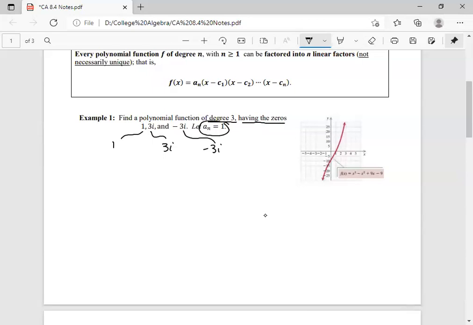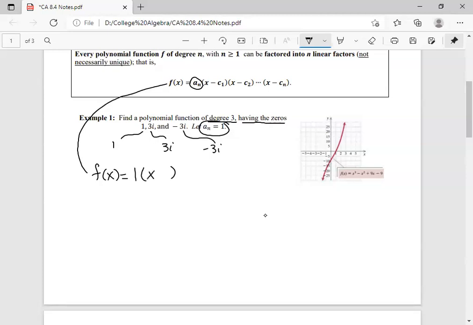So if we go up here and look at this formula that they're asking us to write, f of x is equal to, what's the first thing they have? A sub n. They told us what a sub n is. What is it? 1. So we can put that down. It's not really going to change anything, but that's why I'm putting the 1 there, because the first thing in the formula is a 1.